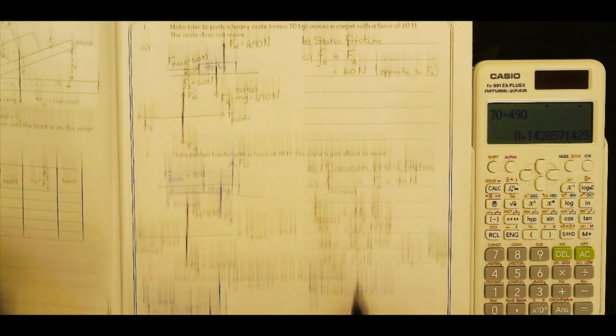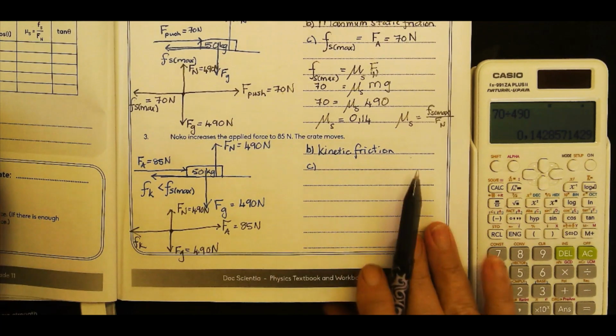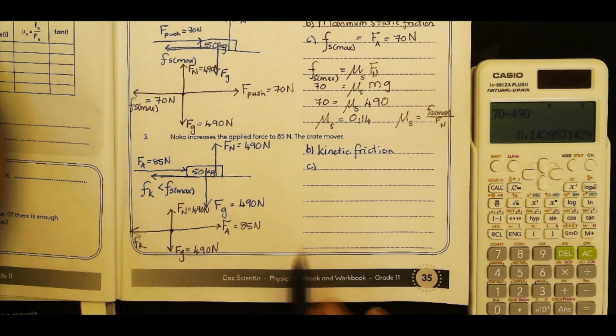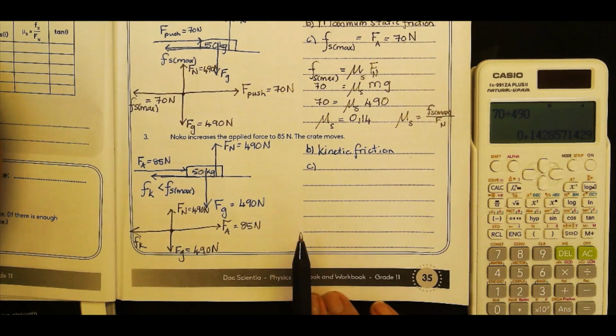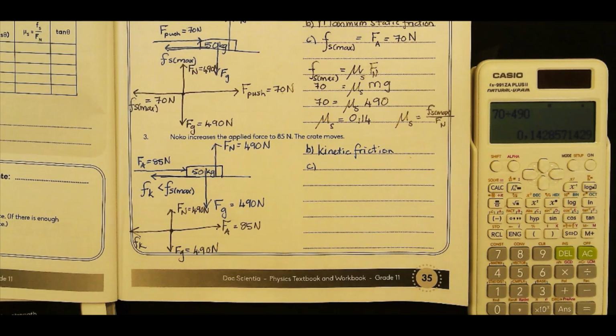Question 3. Norco has increased the force to 85 newtons and we've got the crate moving. Now this 85 newtons is more than the maximum static friction for the two surfaces.